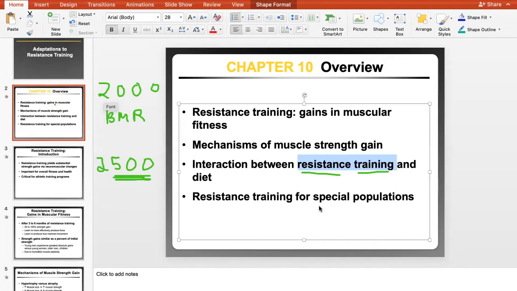And then the last part of the chapter is, should you do resistance training for elderly individuals, for postmenopausal individuals, for women who are pregnant, and for younger individuals? And I focus on the younger population. Regarding younger adolescent athletes doing resistance training, 85% of the injuries come because of lack of supervision.